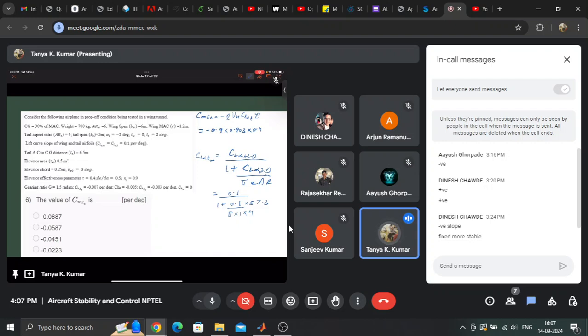So I've just converted it by multiplying it by 57.3. 0.068 per degrees. Now I plug this in here, so it will be 0.068 and I'm getting minus 0.022 per degrees. Okay.